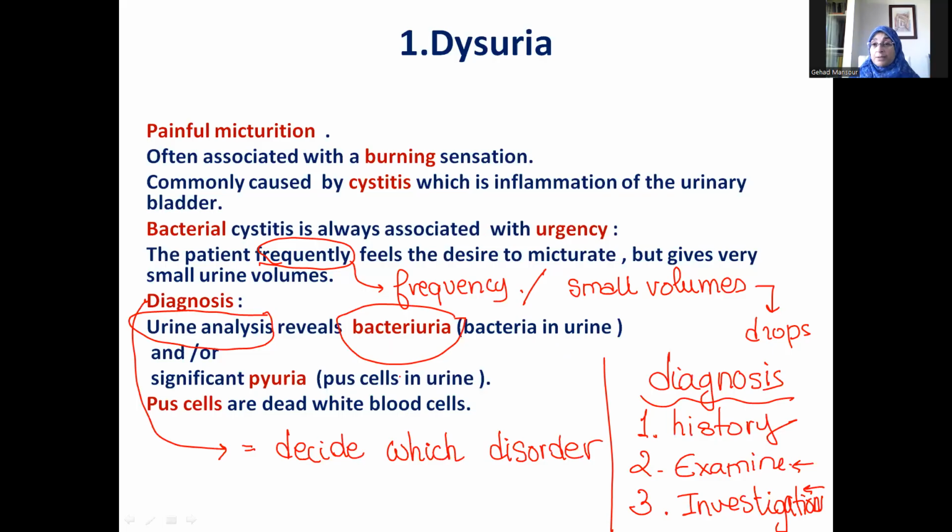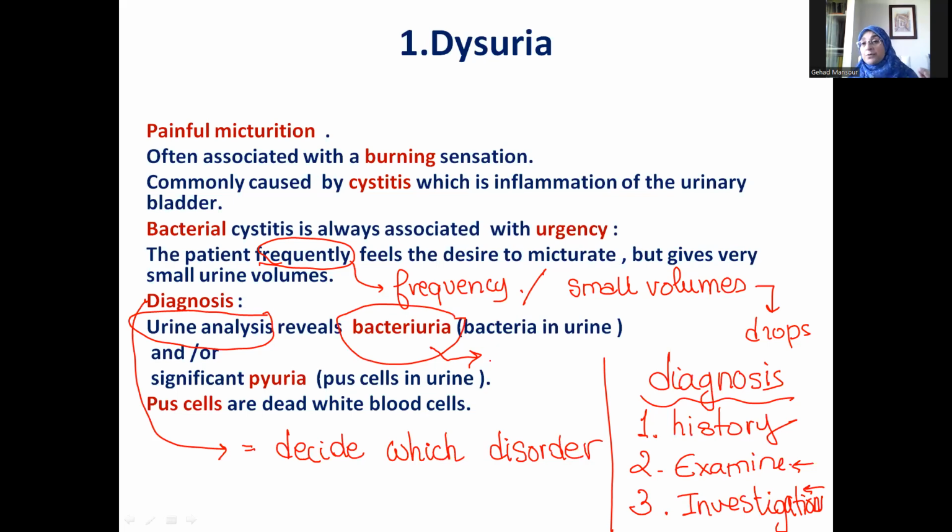But if you find bacteria in urine, then this is highly indicative of a bacterial infection of the urinary bladder. And in order to detect bacteria in urine, you take a drop of the urine, spread it on a microscopic slide, and then you put a cover on it and examine it.